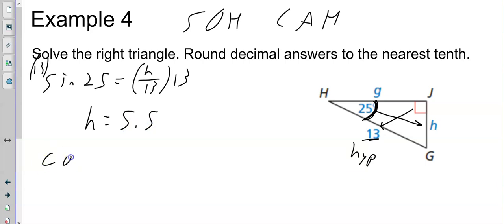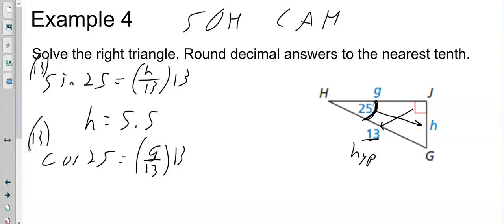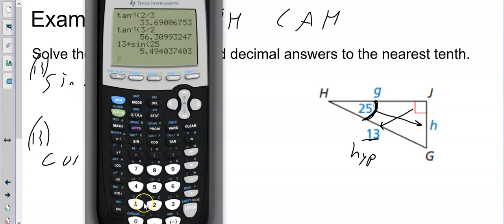Now, cosine of 25 is adjacent. Well, that's G over 13. So again, this is the easy one where you just multiply by 13 on both sides, and we just type that in: 13 times cosine of 25.